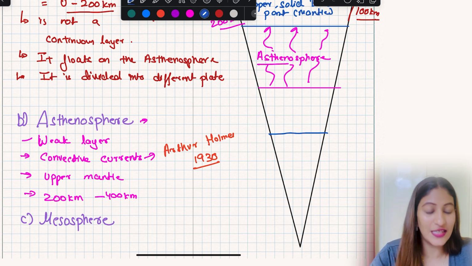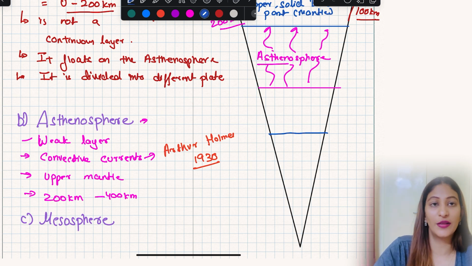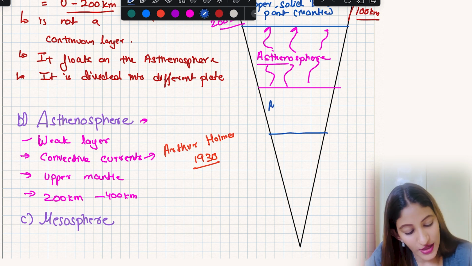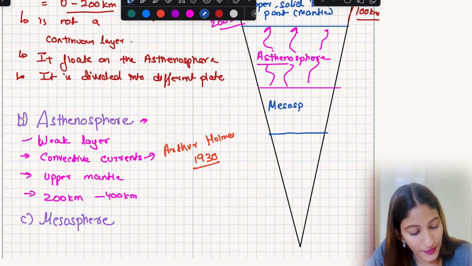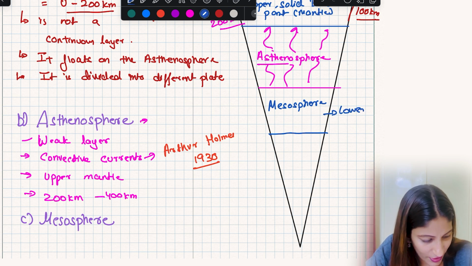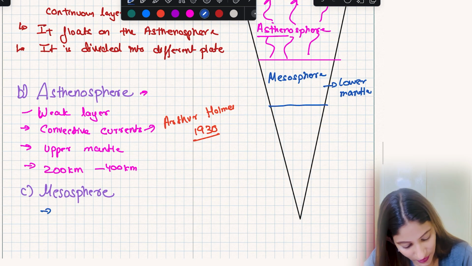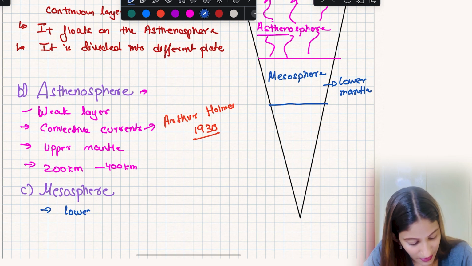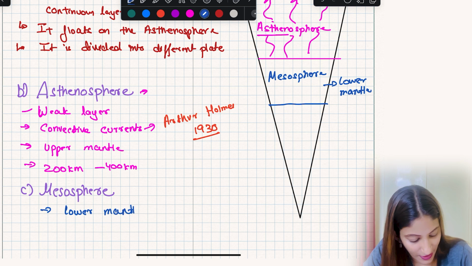Now, after these mechanics, other mechanics have already been told to you, the liquid outer core and the solid inner core. The mesosphere is actually completely lower mantle and it is solid. It's not very interesting for us to know over here. The entire lower mantle is comprised of mesosphere.